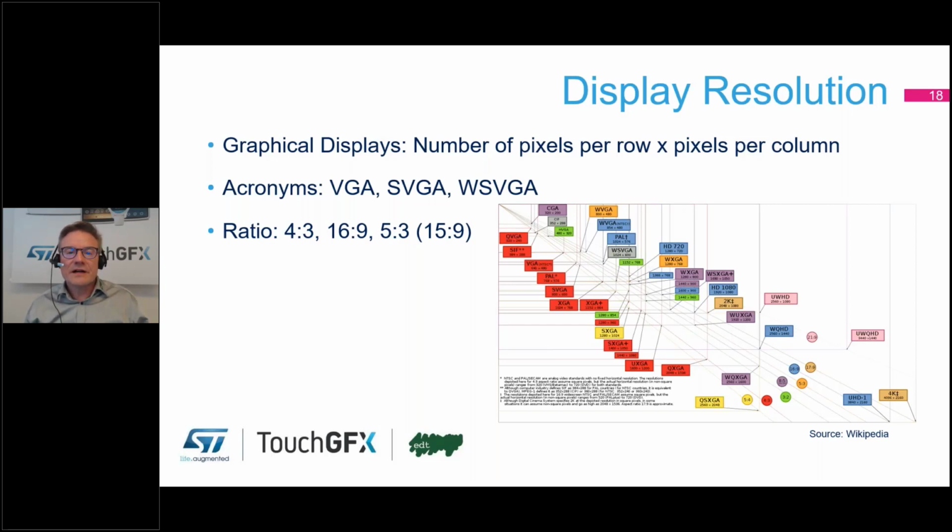So keep in mind, the higher the resolution you choose on the display, the more memory you will need, and the more CPU power you will also need for computing and generating the graphics. So that's one thing to keep in mind.